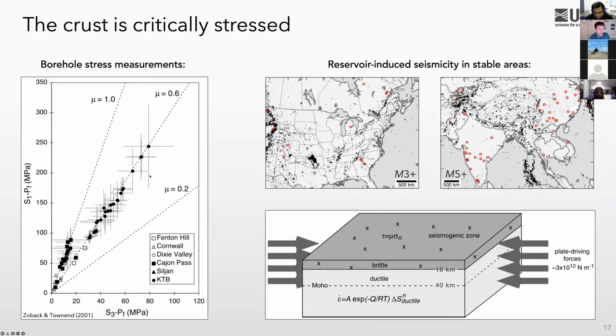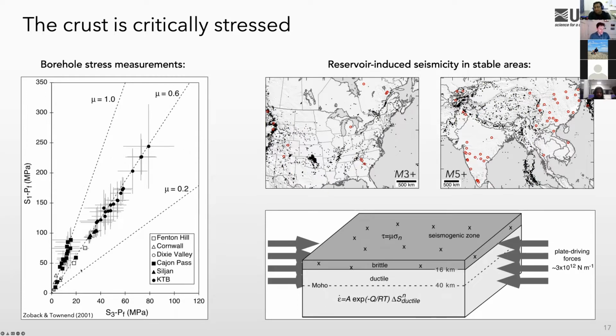What I mean by that is that pretty much everywhere in the brittle upper crust, we expect the best oriented faults to be about 1 earthquake cycle away from failure. So as tectonic activity is loading the crust, it increases the differential stresses, or the difference between the maximum and minimum principal stresses, and movement on faults releases that over time, but it goes over and over and over again over the course of geologic history.